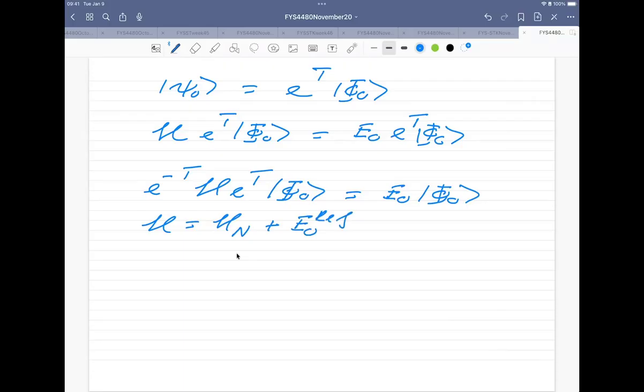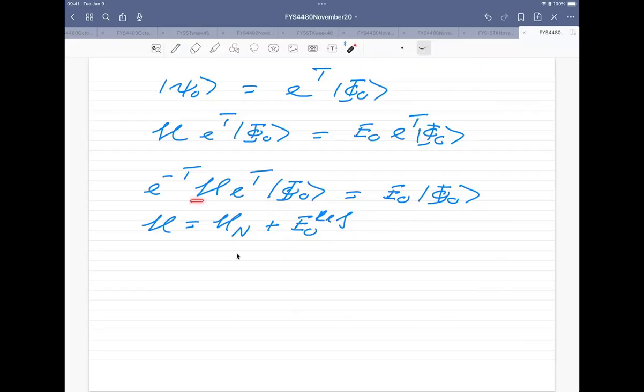Then, if we now reshuffle a little bit the equations here, we remember now that the correlation energy is a difference between the exact ground state energy and the reference energy. So if we pull this term here over to the other side, then you see that this is just a constant.